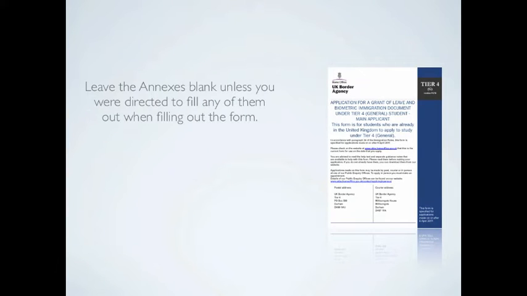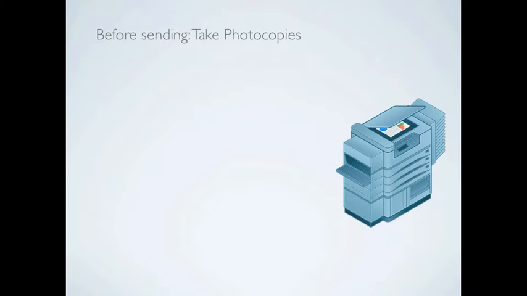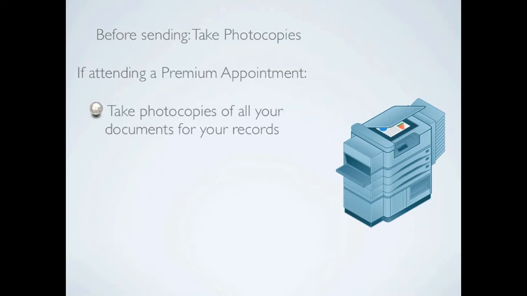The annex should only be completed if you were directed to any of these pages while completing earlier sections. If not, leave them blank, but do not detach them from the form. If you are attending a premium appointment, please remember to keep photocopies of all your documents for your own records.